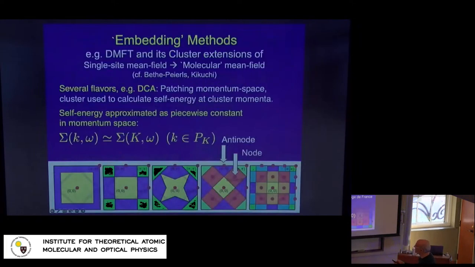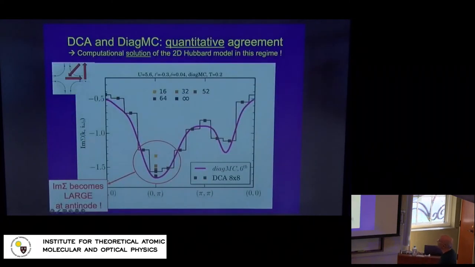I'll take your question in a second, and obtain something like this, which is the imaginary part of the self-energy along some path in the Brillouin zone, the usual path that crosses node and antinode, revealing that near the antinode, one has a very large scattering rate, which is actually the thing that opens the pseudogap. Yes, Karen, you had a question.